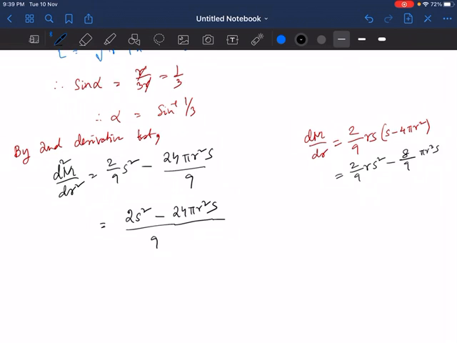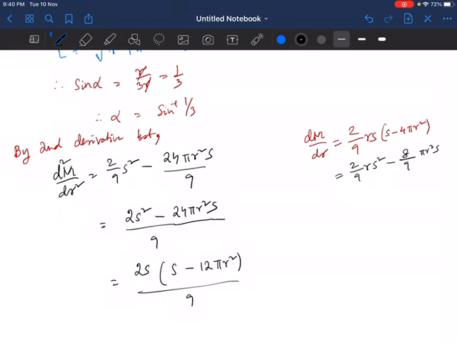So in place of s square, definitely what we need to do is write these values in terms of r and h. After doing that, we have to simplify and we will see that the value is coming out to be negative. If I take 2s common, we are getting s minus 12 pi r square divided by 9.